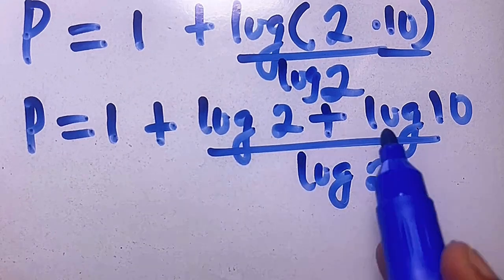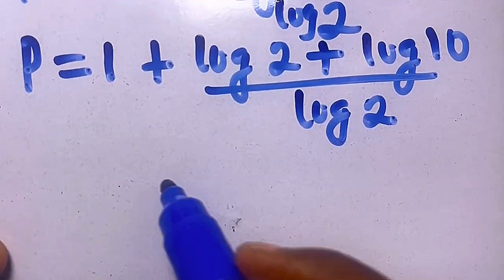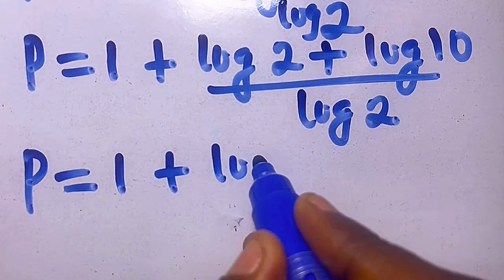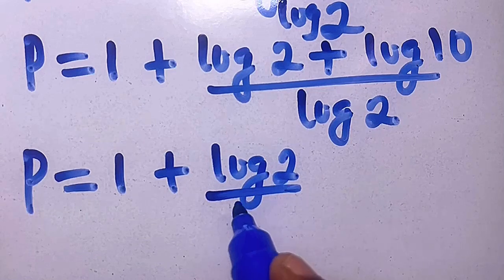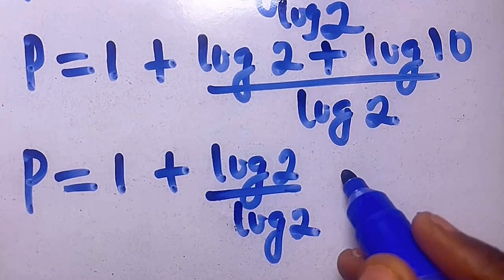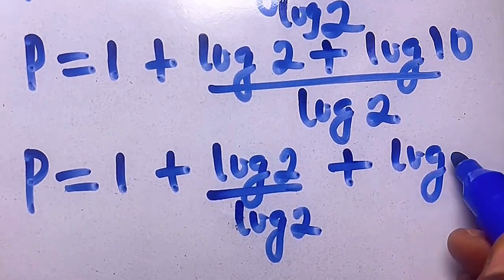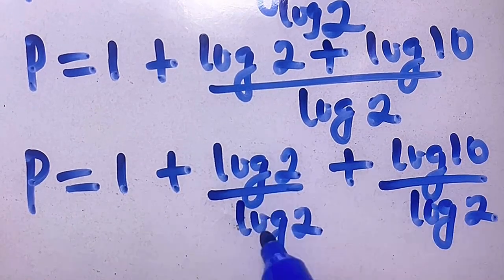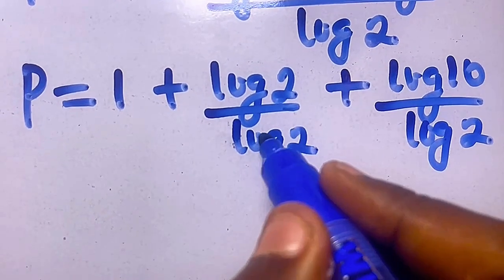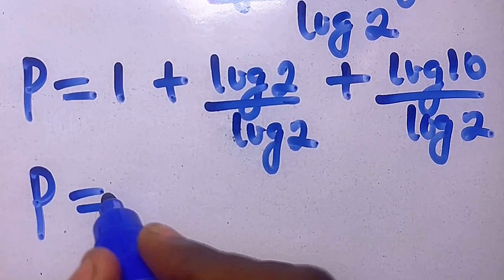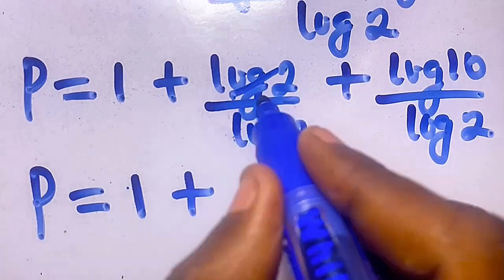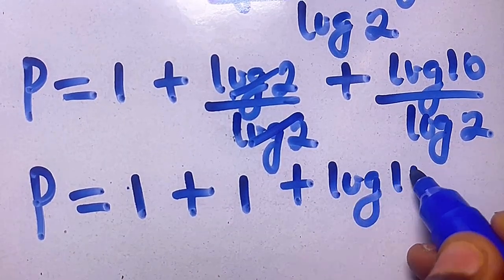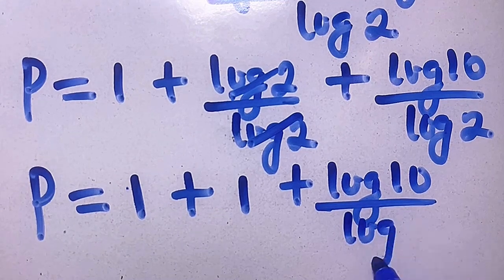Again we divide each of these by log 2, so we will have p equals 1 plus log 2 divided by log 2 plus log 10 divided by log 2. Again, this also becomes 1. So we have p equals 1 plus 1 plus log 10 divided by log 2.